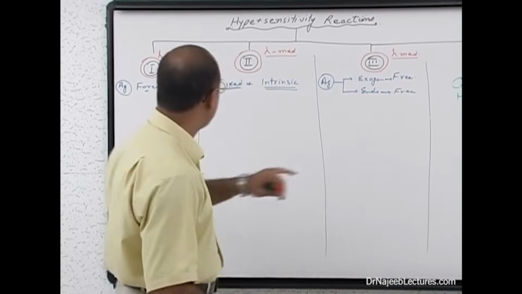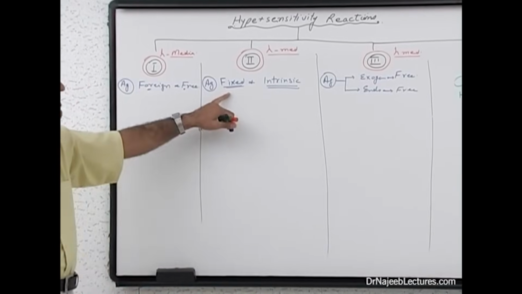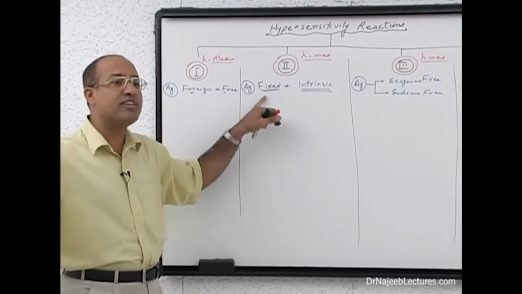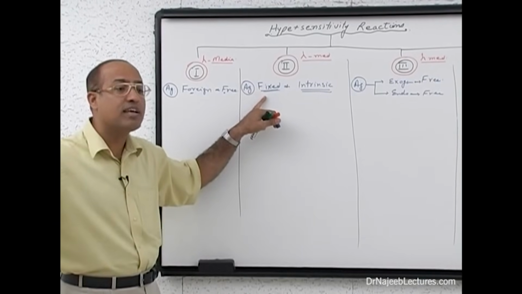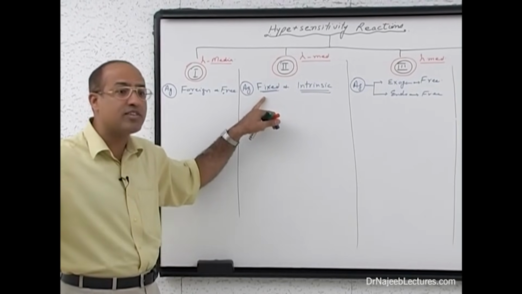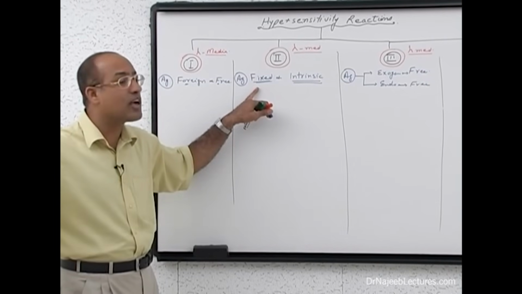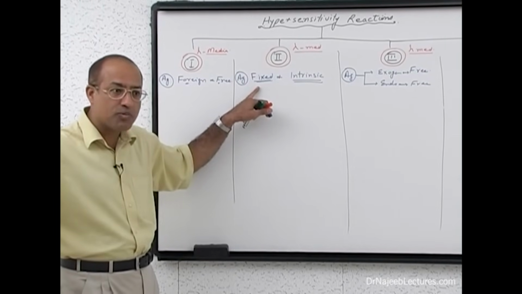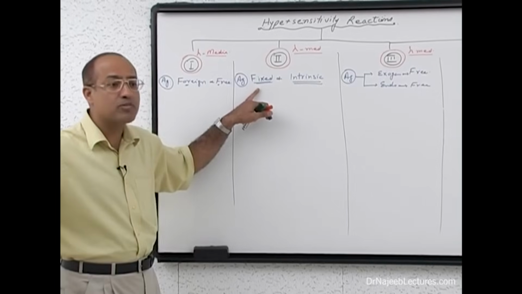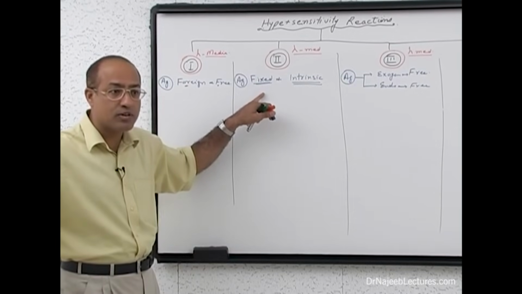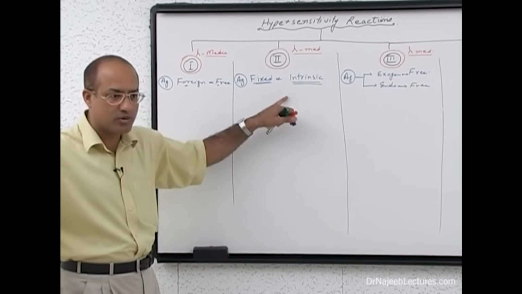Examples of type 2 antigens are fixed and intrinsic antigens, for example, antigens as a part of the RBC membrane, antigens embedded in the neutrophil membrane, antigens present on the platelet membrane, antigens present on the glomerular basement membrane, right? They are fixed and intrinsic to the tissues.